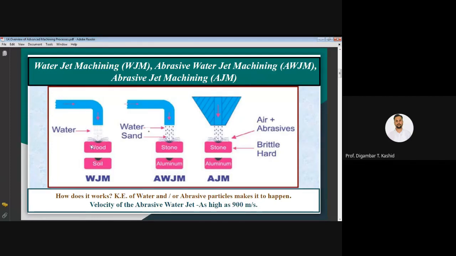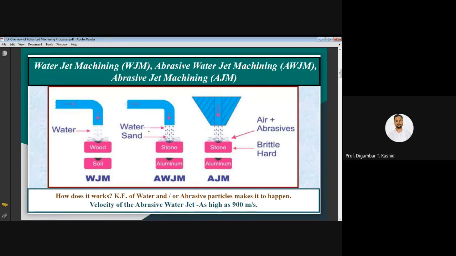If energy is less, then the impact or erosion action is not as fast as on a clean surface. It will take more time to remove the material. I am not saying the material will not be removed; it will be removed, but it will take more time.